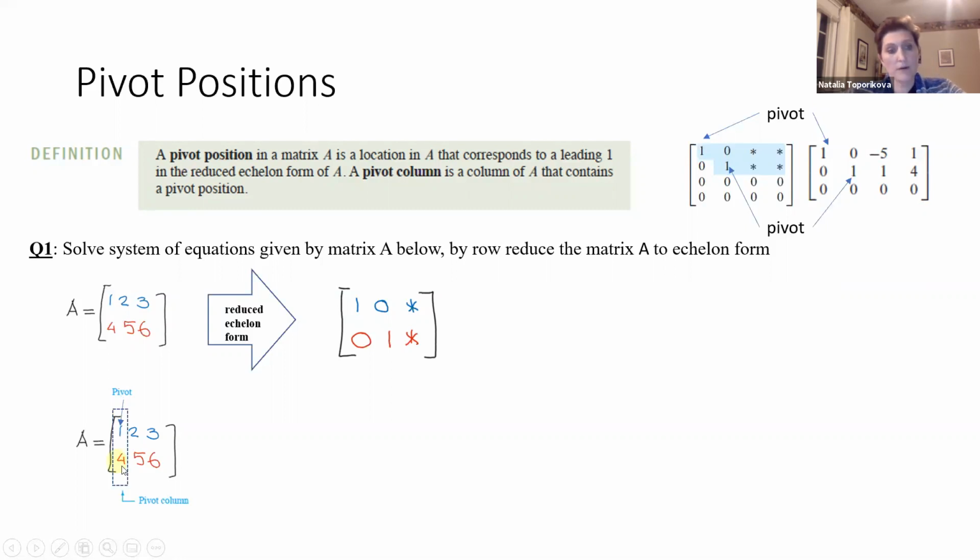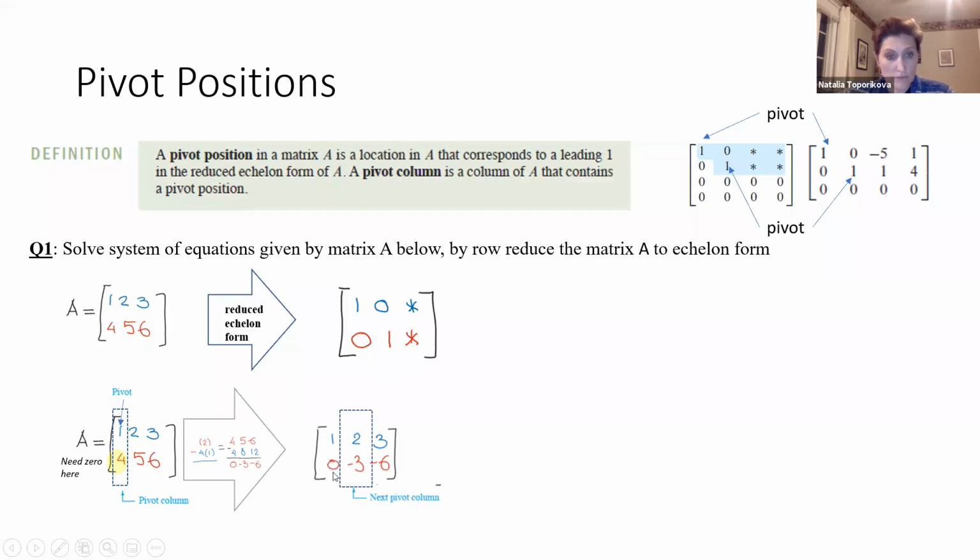There is only one problem here. Below the pivot element, the entry should be a 0, and we have 4. So we need to somehow get a 0 here. We can use our row operations. We subtract 4 times row 1 from the second row and get our desired 0 in the second row.